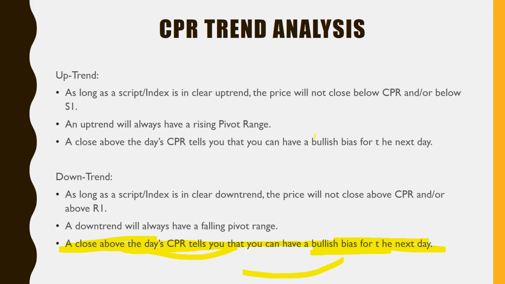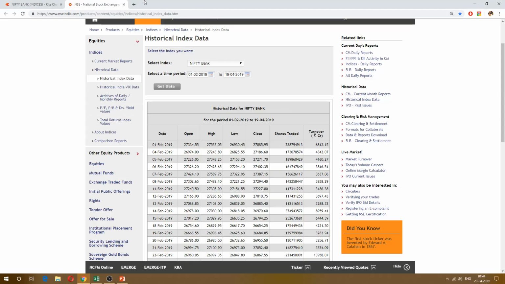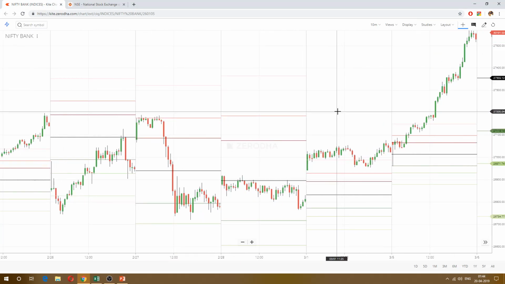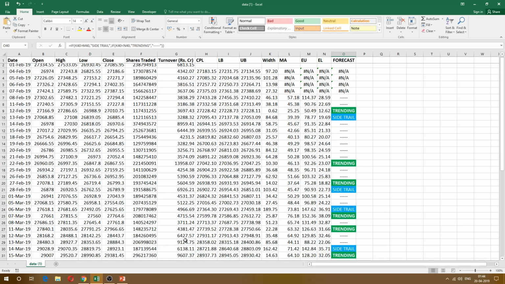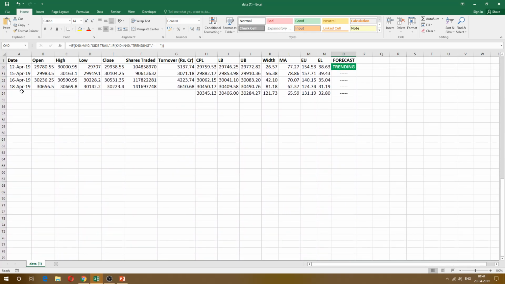Well, unfortunately, we have to draw a horizontal line on our charts based on the value here. So, on 8th April, our lower range was 30,409, whichever is lower between the two, so it's 30,409.